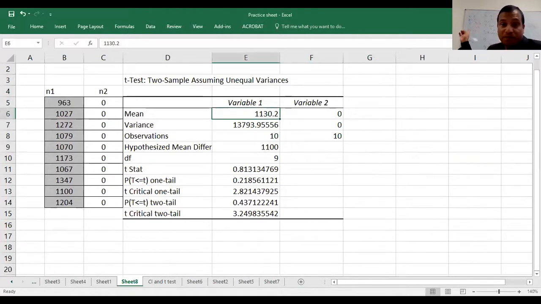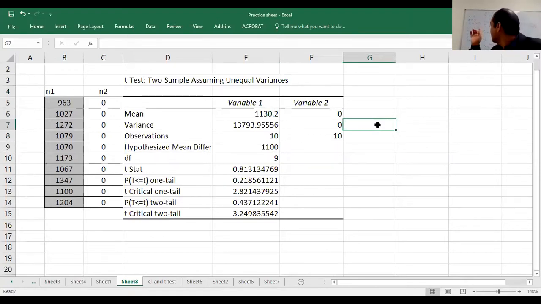Yes. What about the standard deviation? What they have given you is the variance, 1113793. So the variance is given. What you can do is take the square root of this value.